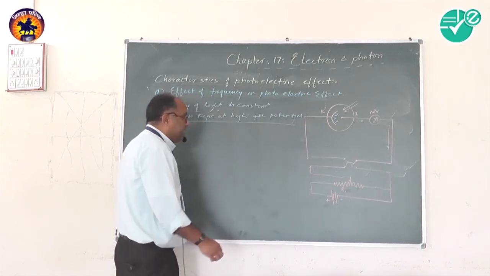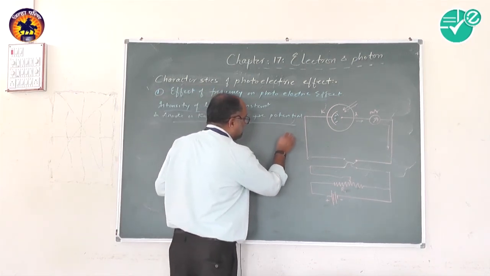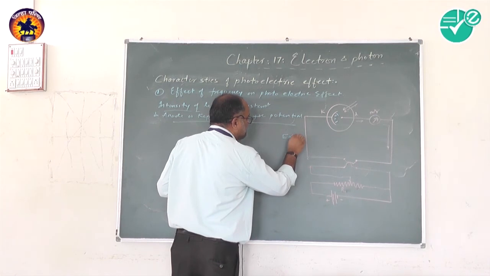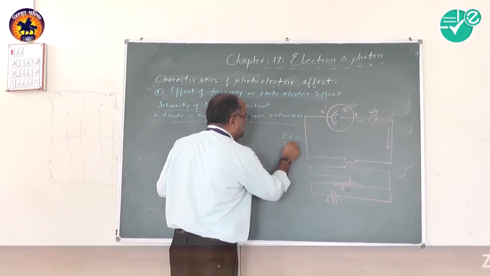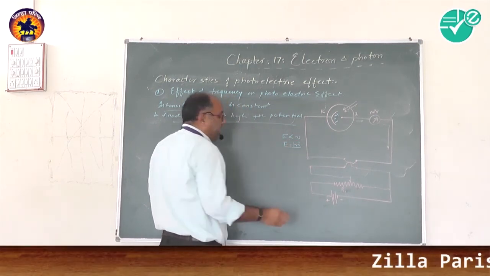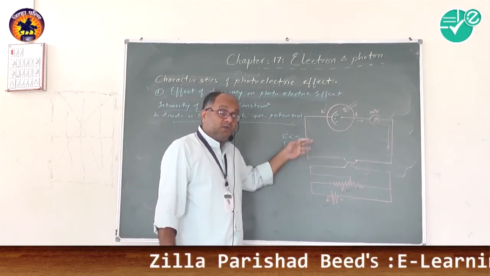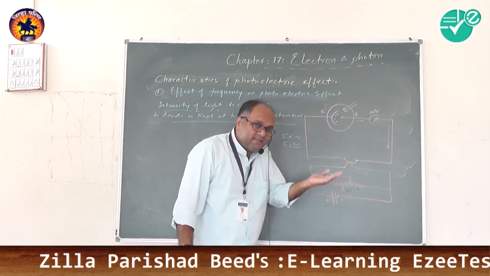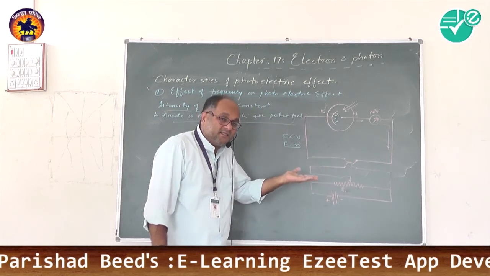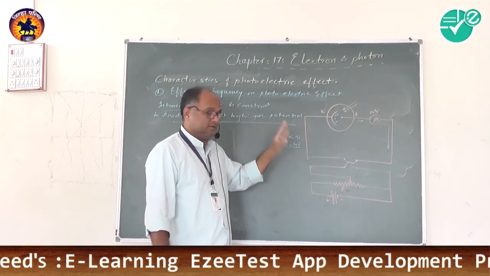As we know, according to Planck's quantum theory, energy E is proportional to frequency, or E is equal to h nu. So as we continue to increase the frequency, we are increasing the energy of the incident radiation.